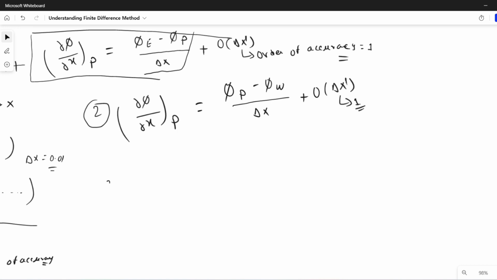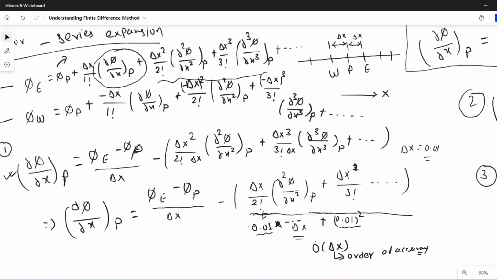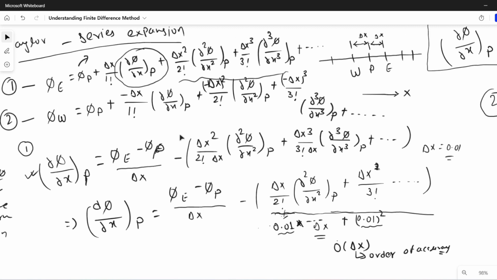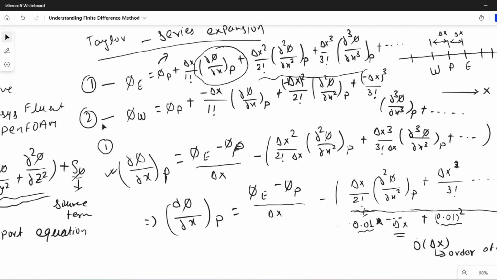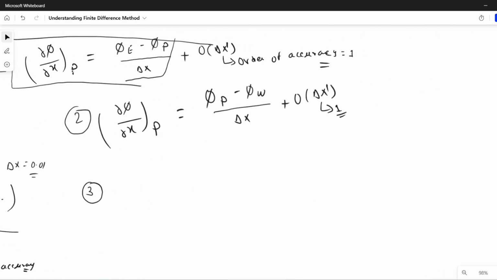Now suppose in the third case we subtract equation 2 from equation 1.